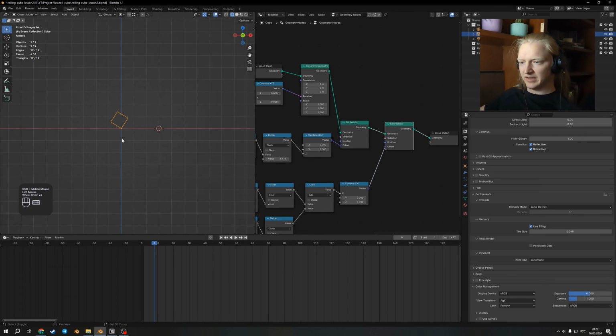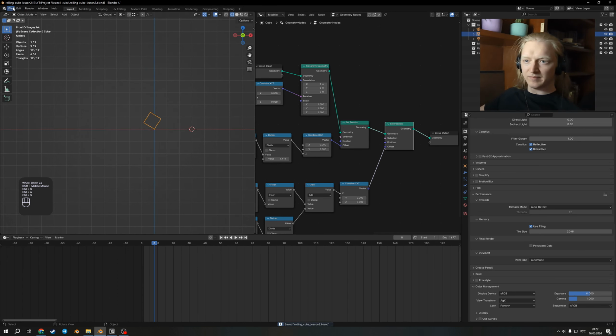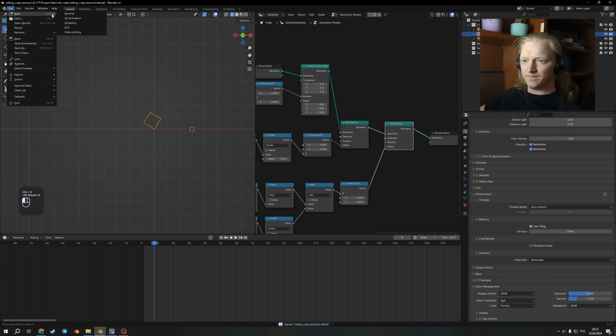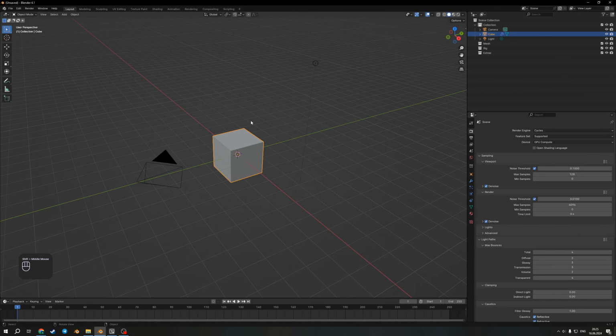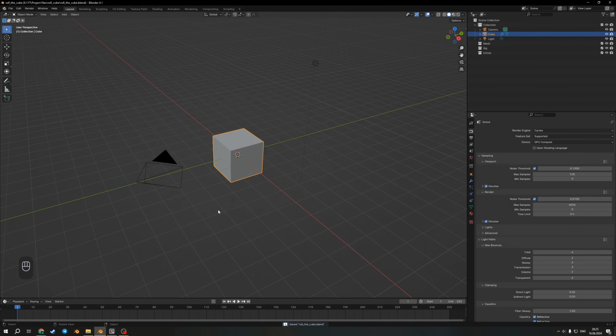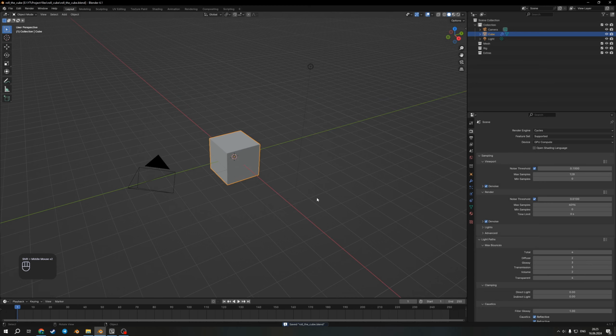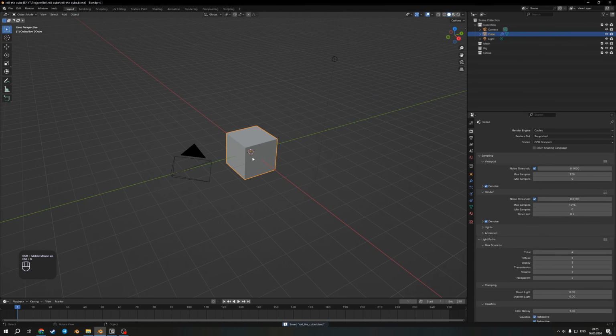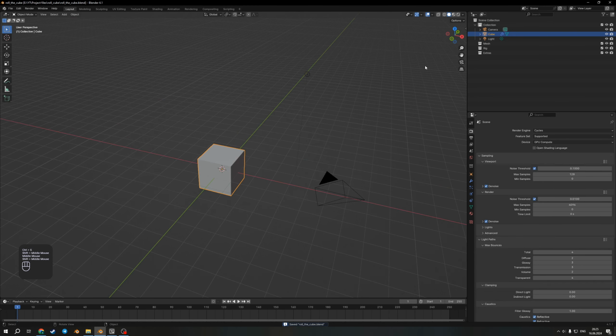So, let's recreate it. Let's create a new blend file. Let's save our file right away, not to forget it later, so that throughout the lesson we can just press Ctrl S and not get distracted.